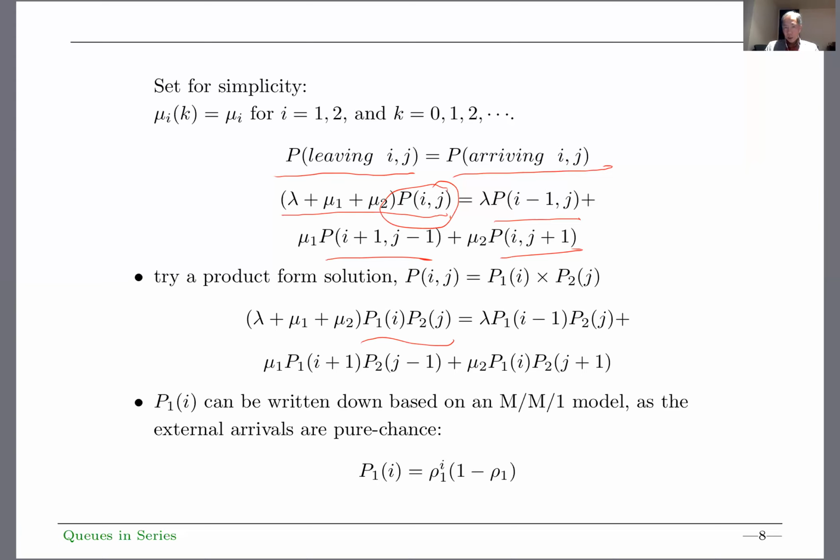Then the other thing we do is assume the MM1 solution. You substitute the value of P1 using this term, because that is the MM1 result. So just simply rho 1 to the power I, where rho 1 is lambda over mu 1.